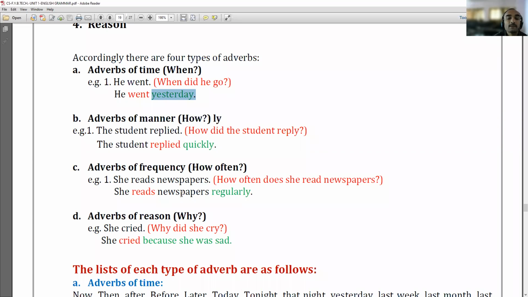We can find: She reads newspaper. ती काय करते तर न्यूजपेपर वाचते.